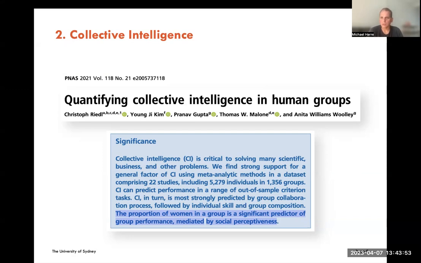So that is the degree to which people are able to perceive social interactions, be able to use and adapt to those. And so that social perceptiveness is something we're going to return to later with theory of mind.